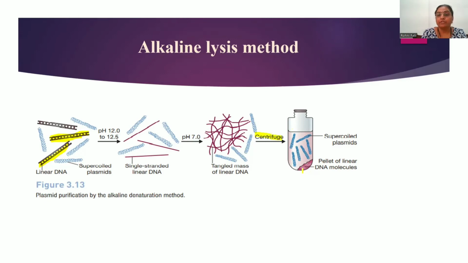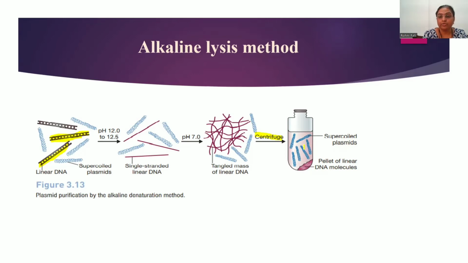After centrifugation we get the pellet, and in that pellet there will be the genomic DNA as well as the impurities from the bacterial E. coli cells, at the bottom. Some of the RNA may be present in the supernatant also. In this way, we have the supercoiled plasmids in the supernatant.